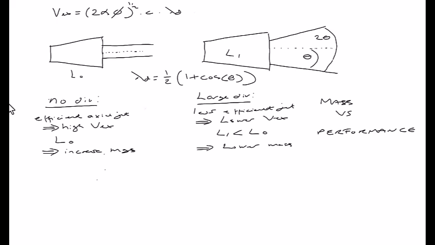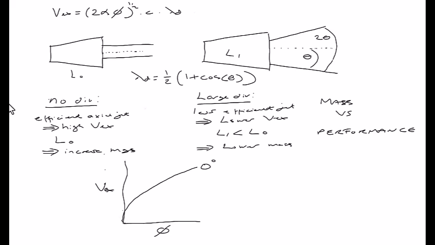Let's consider the scenarios of plotting the burnout fraction phi as a function of the exhaust velocity, and if we were to plot this for 0 nozzle divergence, it might look something like this.